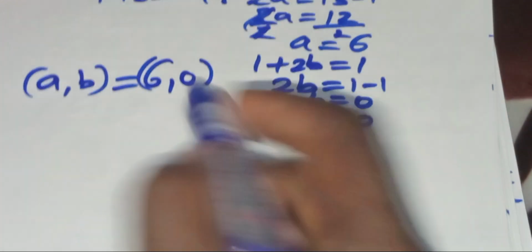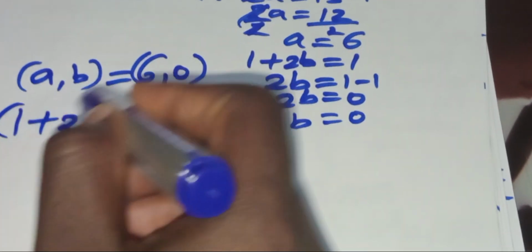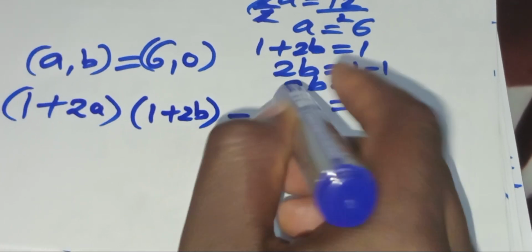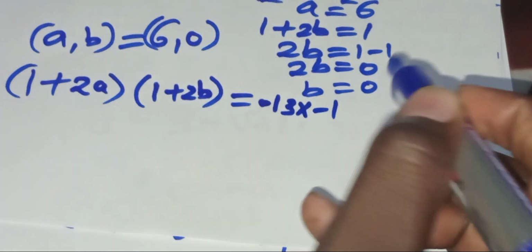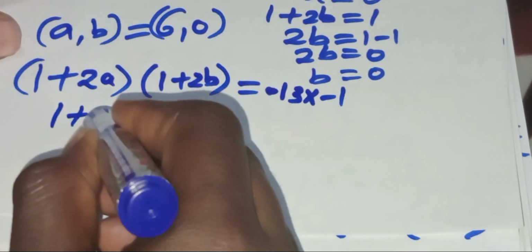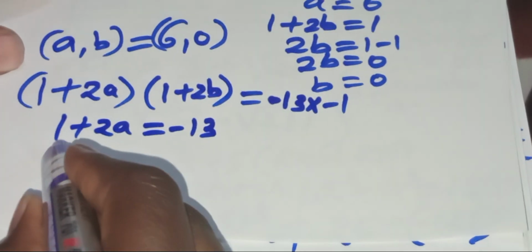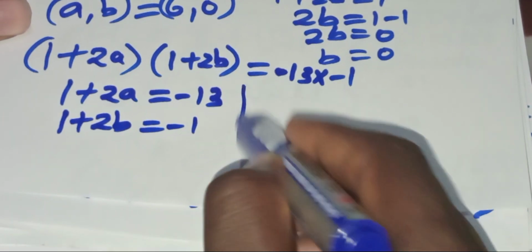And for the second set, we have 1 plus 2a times 1 plus 2b, this is equal to negative 13 times negative 1. So that we'll have 1 plus 2a is negative 13, and 1 plus 2b is equal to negative 1.